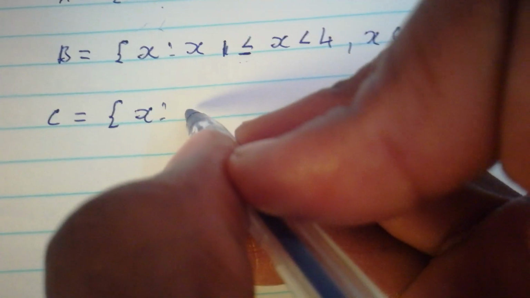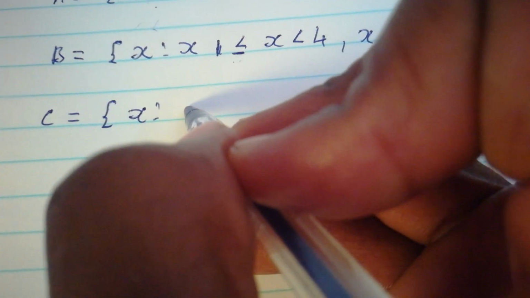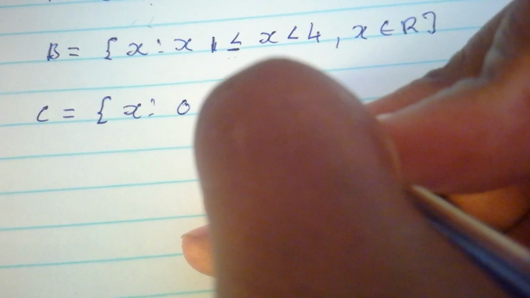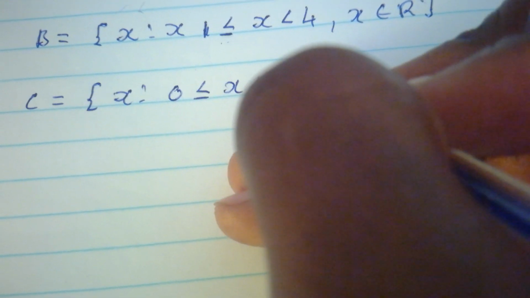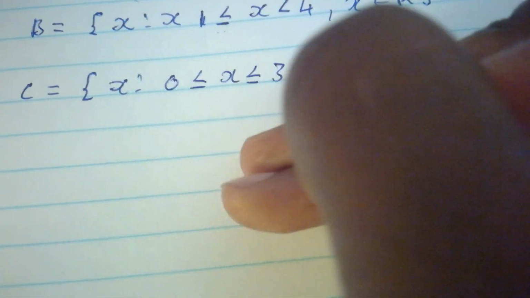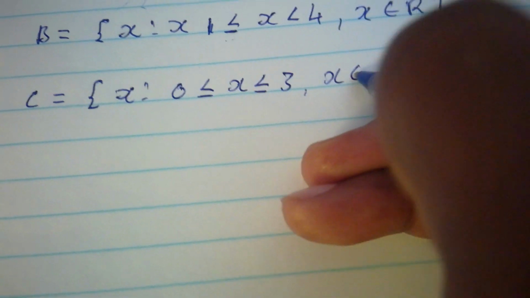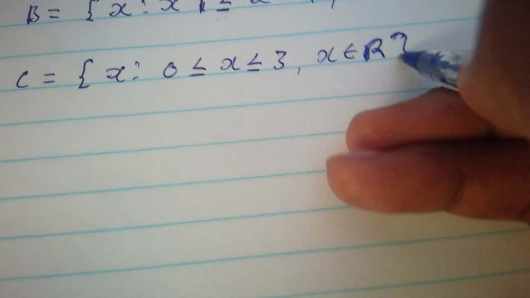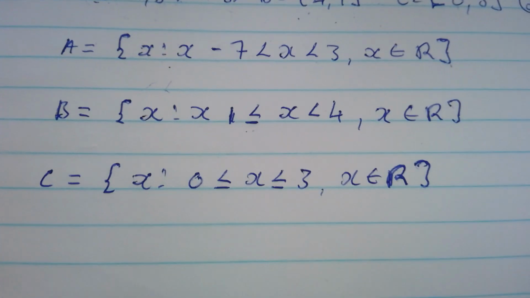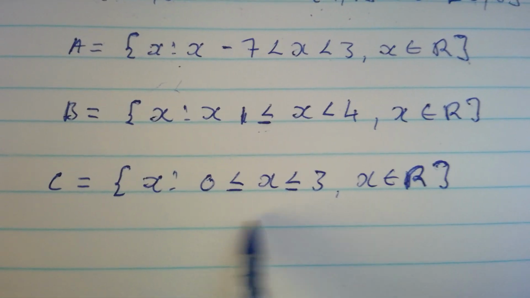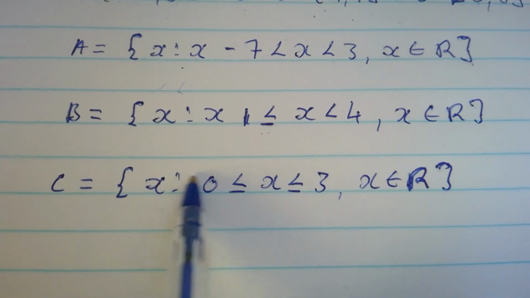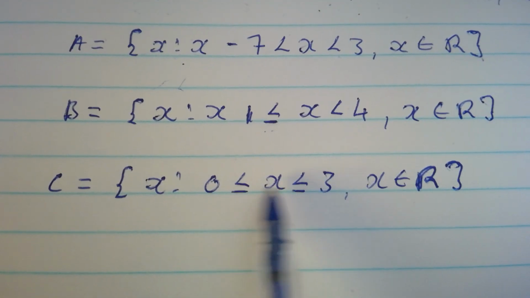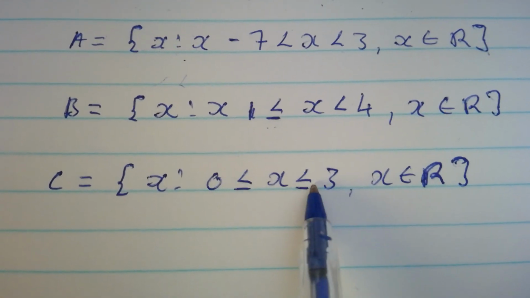So say x is such that 0 is less than or equal to x, and 3 here, comma, x is a real number. We've defined what our x is. They are all included, meaning x is among all these values, all the numbers between this range, including these two which are outside.